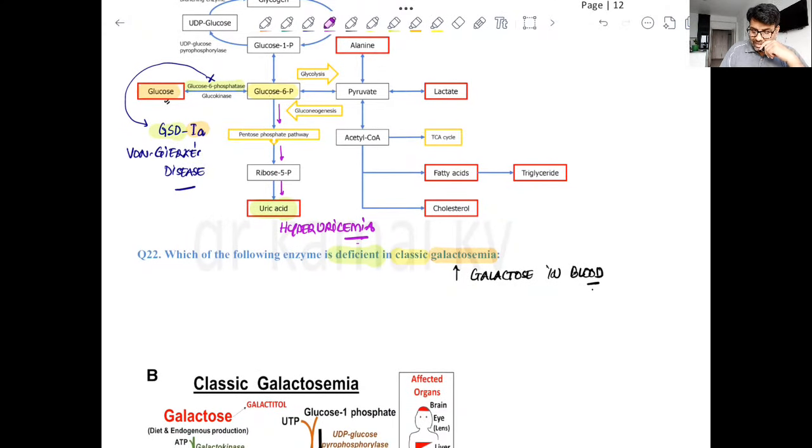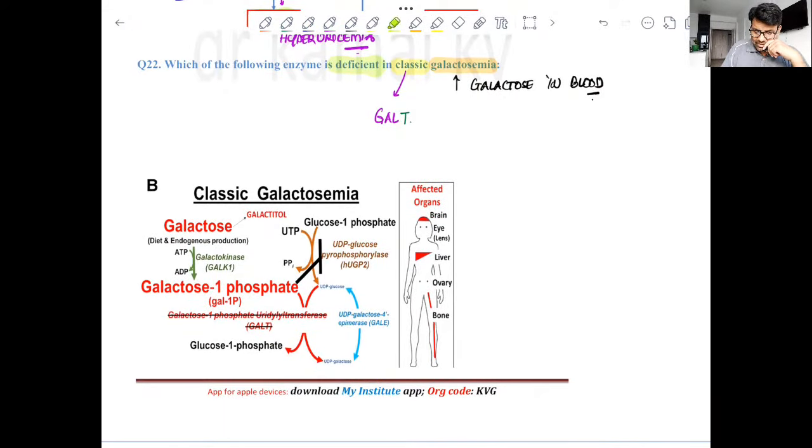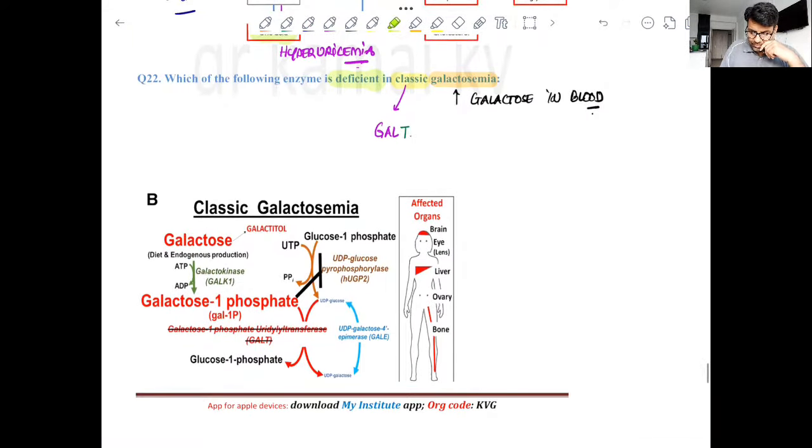And if we talk about classic, this is GALT. Clear? So the classic is GALT, and this is galactose 1-phosphate uridyl transferase. So this is galactose 1-phosphate uridyl T from transferase.